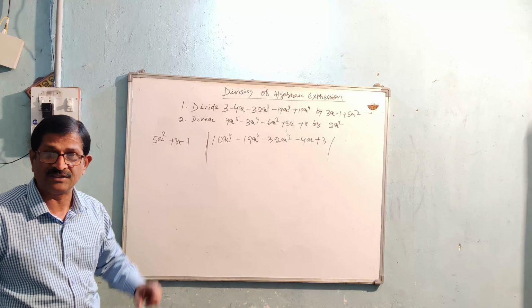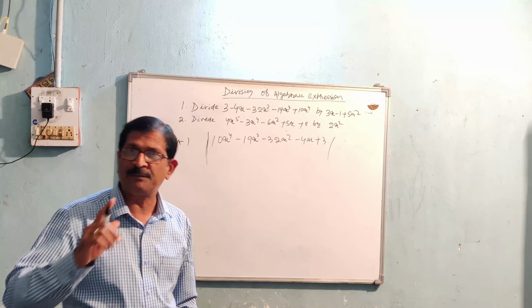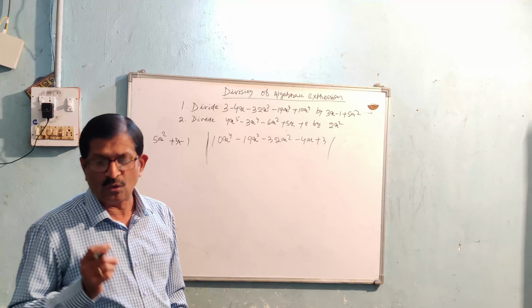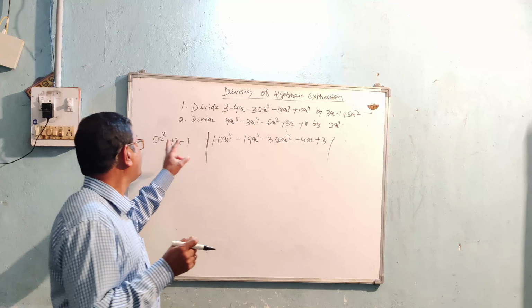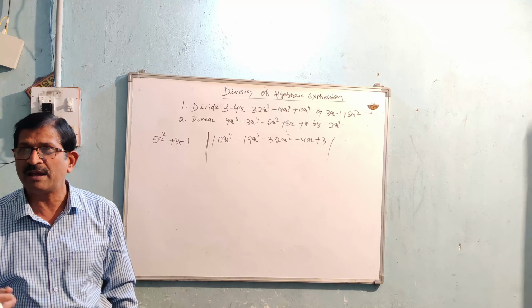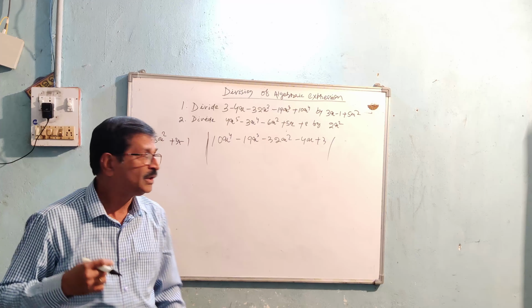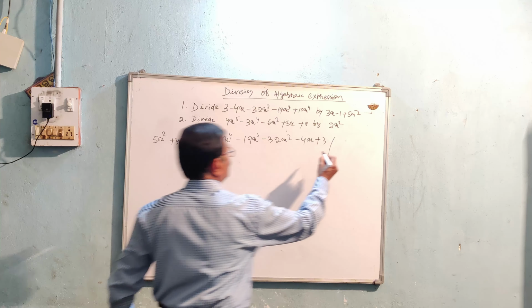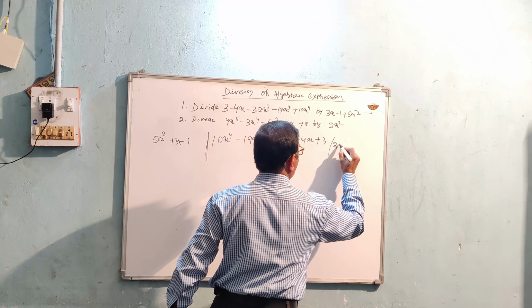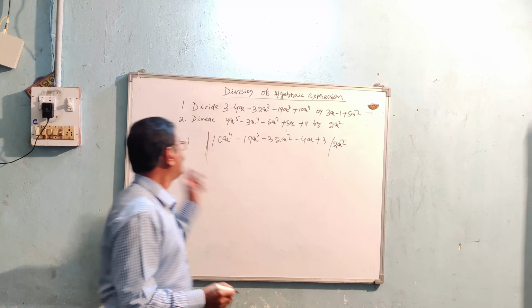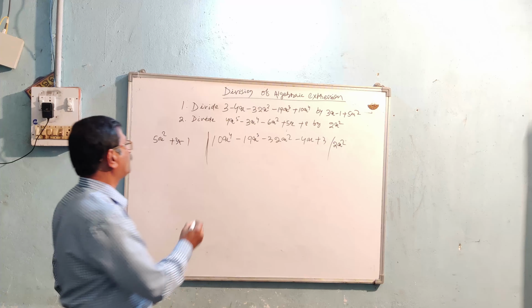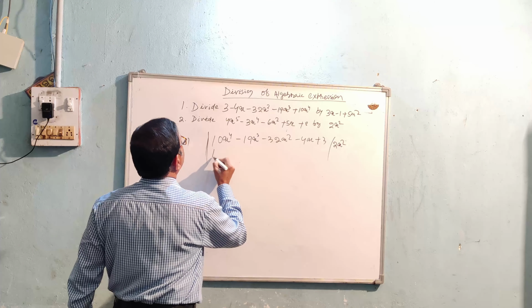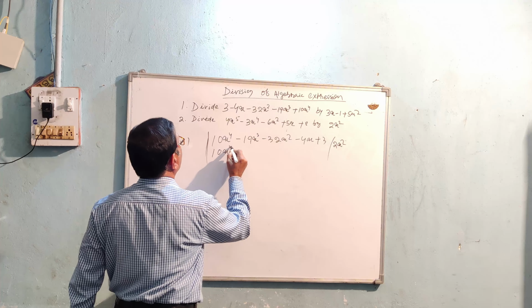Whenever 5x square is there and I am in need of 10x to the power 4, to make it 10, I have to multiply by 2. And in the divisor x square is there. To make it x to the 4, I have to multiply another x square. So my first term is 2x square, means 5 into 2, 10, and x square into x square, and that would be 10x to the power 4.